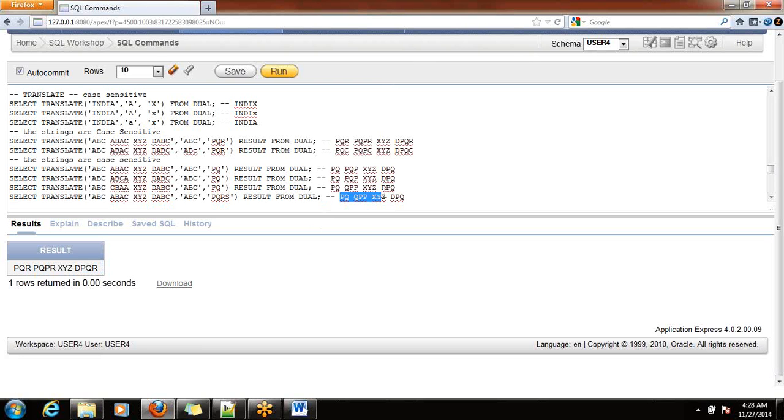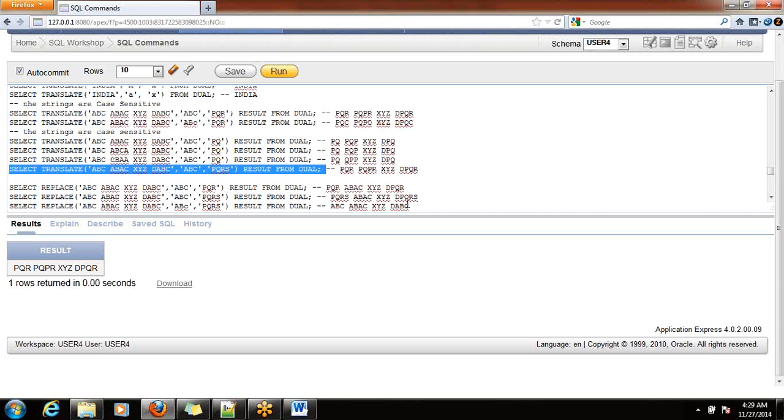Now I re-execute the same. ABC is PQR, AB is PQ, again P. So that is about translate.